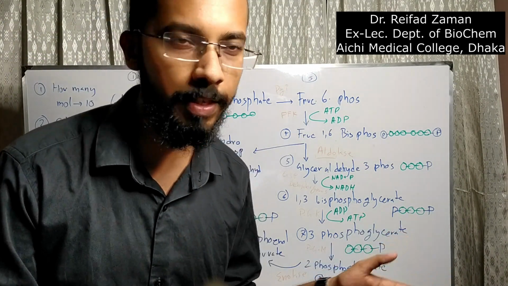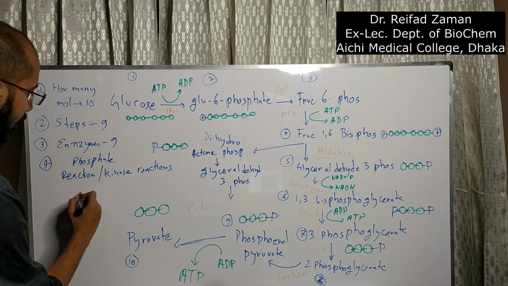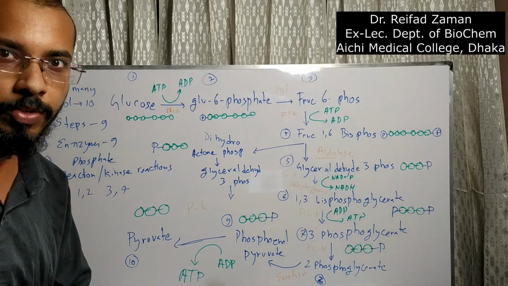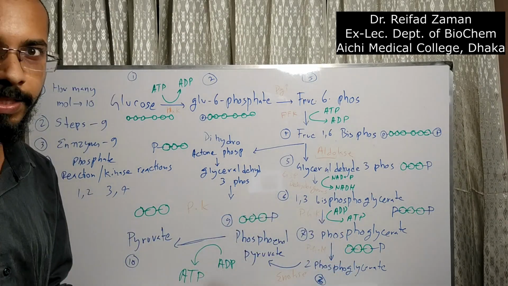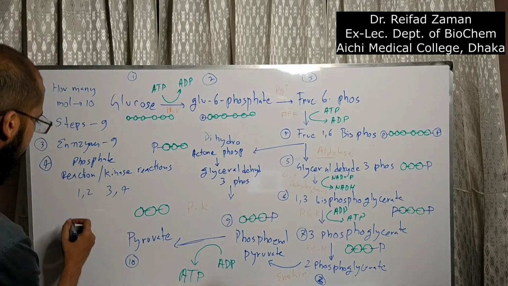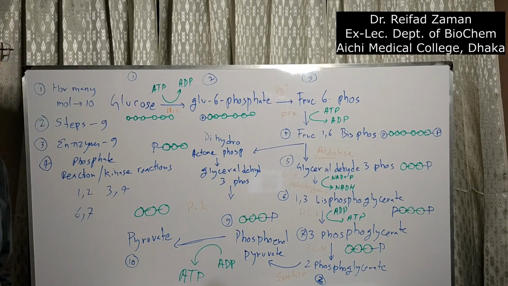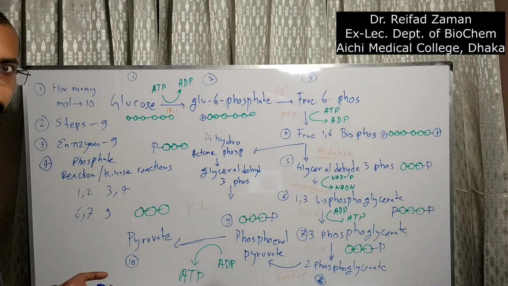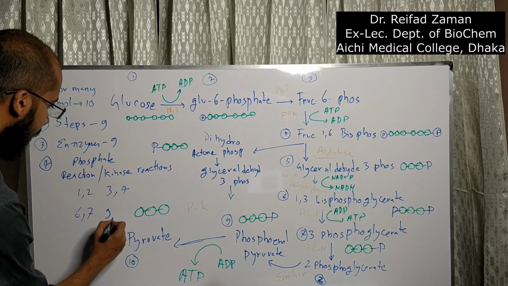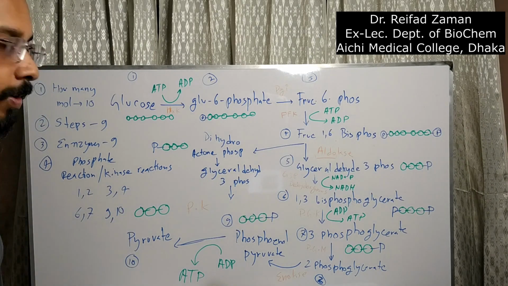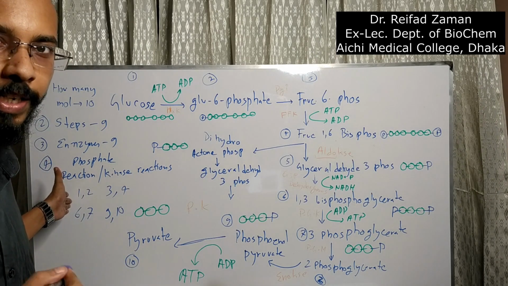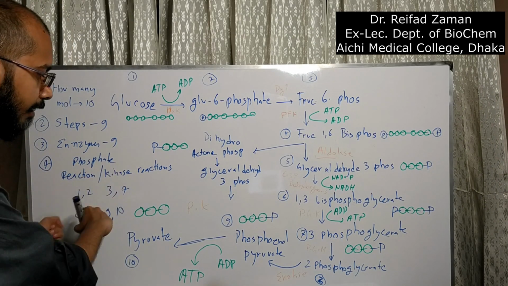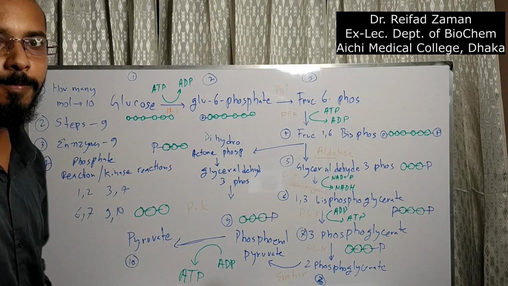So how can you remember it? Very simple. 1, 2, 3, 4, like the children remember the numbers 1, 2, 3, 4. And then the next line, 6, 7. And let's turn the 6 upright. 9. And what comes after 9? 10. So here are the phosphate reactions or the kinase reactions, which are 1, 2, 3, 4, 6, 7. Invert the 6, 9, 10.